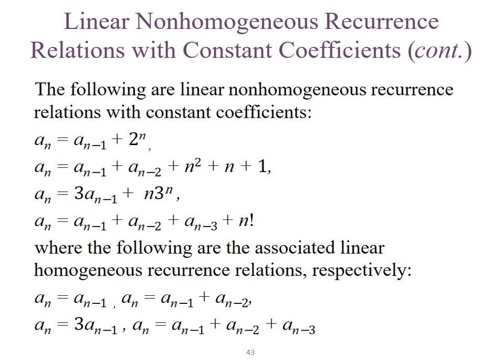Okay, you can consider all of these are the functions f(n). Once we separate the linear homogeneous part from the equation, for the first equation, the linear homogeneous part is a_n equals a_(n-1). And for the second equation, we have a_n equals a_(n-1) plus a_(n-2). So that's our associated linear homogeneous recurrence relation.